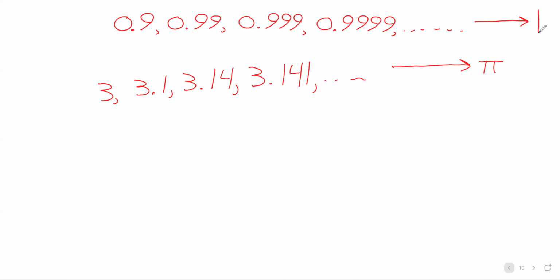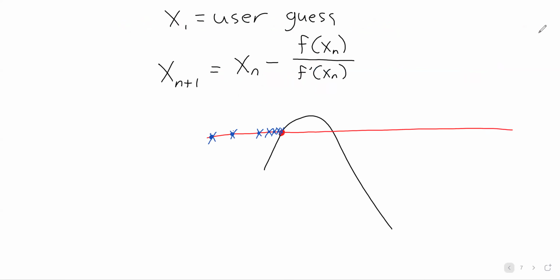And this is going to be relevant, so I'll say it now. A lot of times we think of sequences as basically functions.